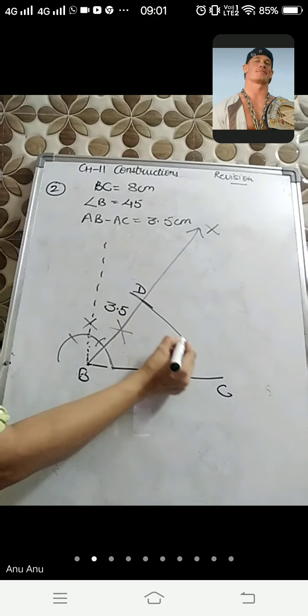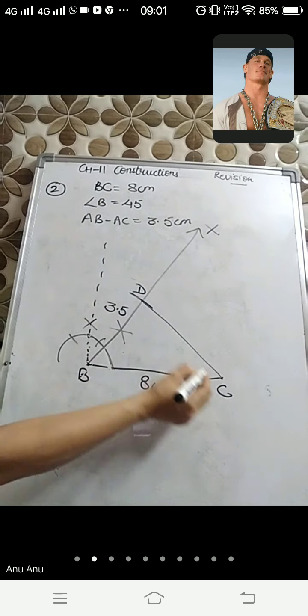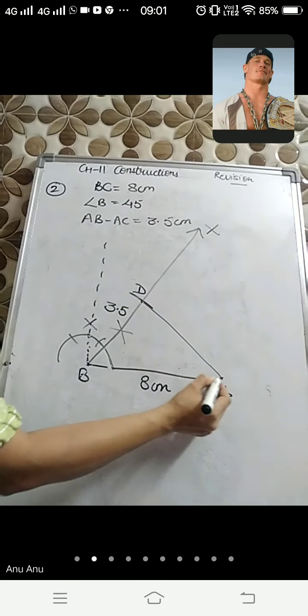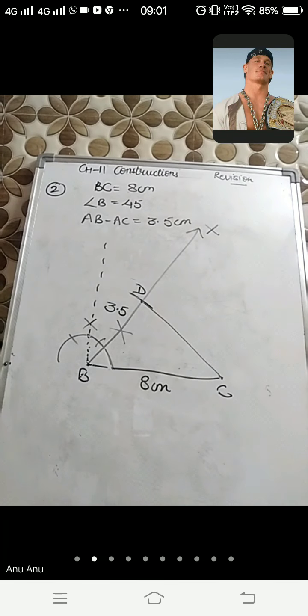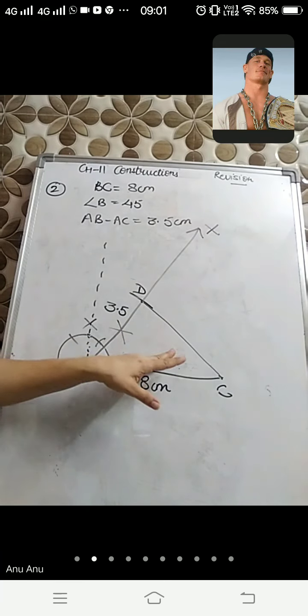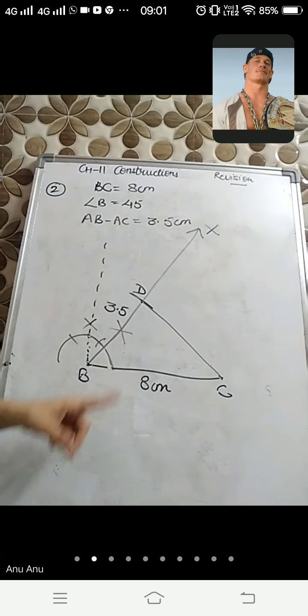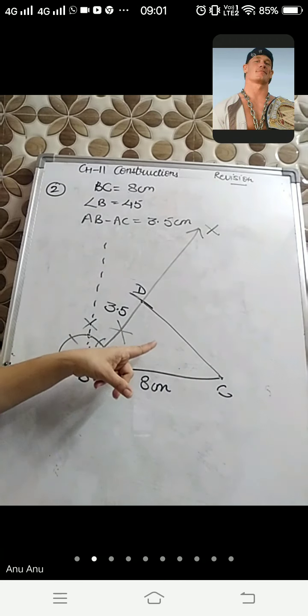You will join this C and D and you will make the perpendicular bisector of this line. Yes, when I have checked your notebooks, many of the students have made wrong arcs. Actually, perpendicular bisector will divide the line into two equal parts. So be sure when you join the perpendicular bisector, it must be dividing the line into two parts.